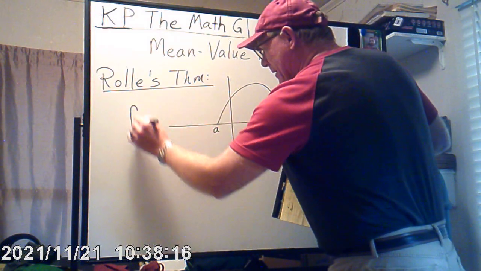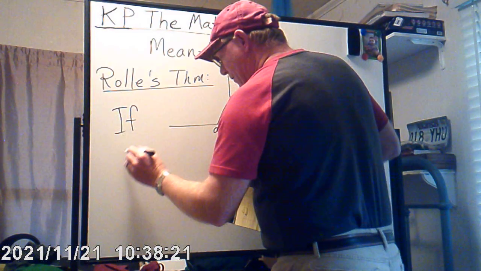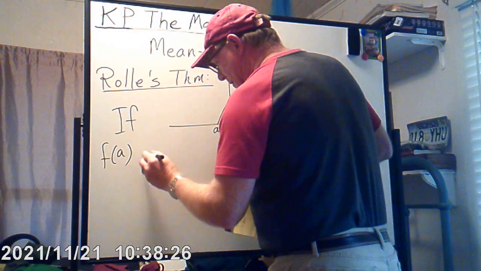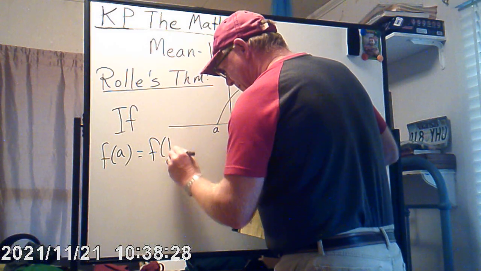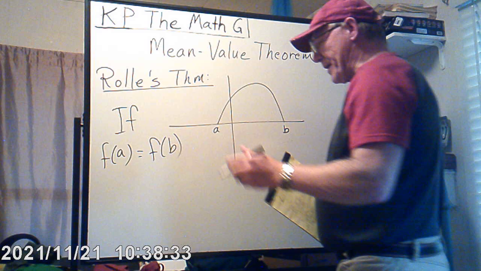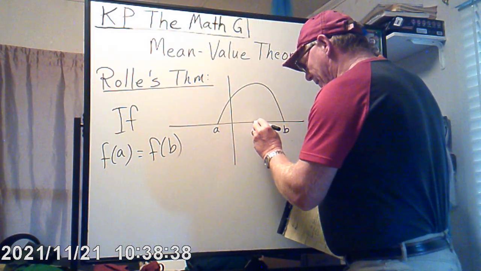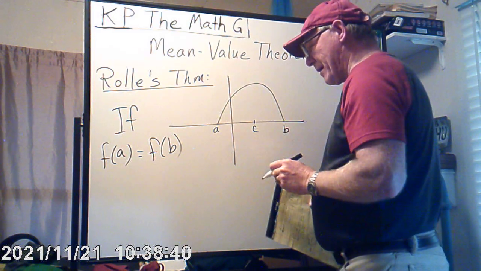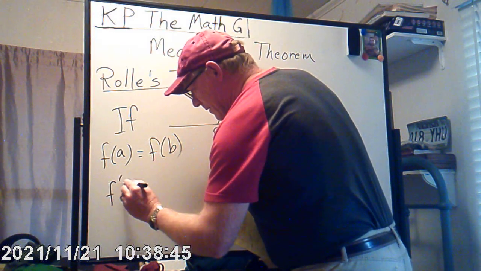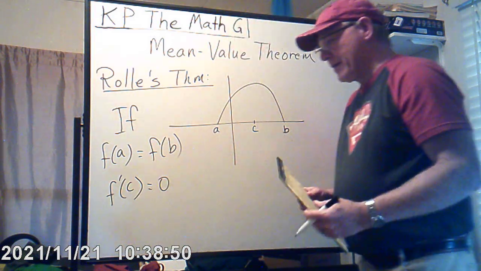There's a rule that says if F at A, which in this case is 0, equals F at B, then surely there is a C somewhere right in here, such that F prime at C is equal to 0.